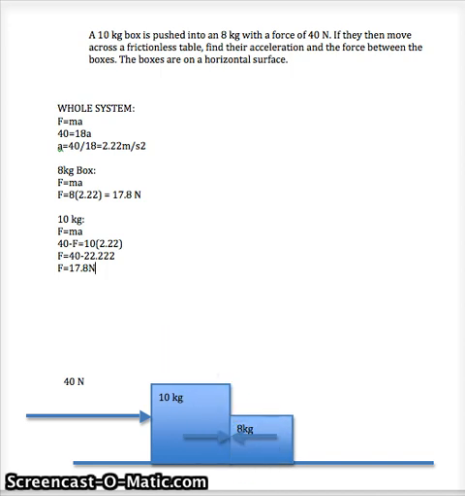Now when you do the pulley system, it's going to be the same idea. This is for some of the other problems that you've got. When you have a pulley system, you're going to have your pulley here, and you're going to have your masses hanging from it, like this. And the masses are going to be different.